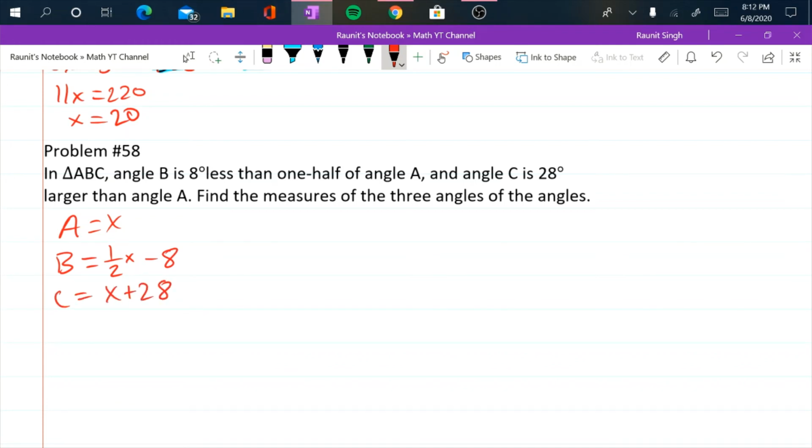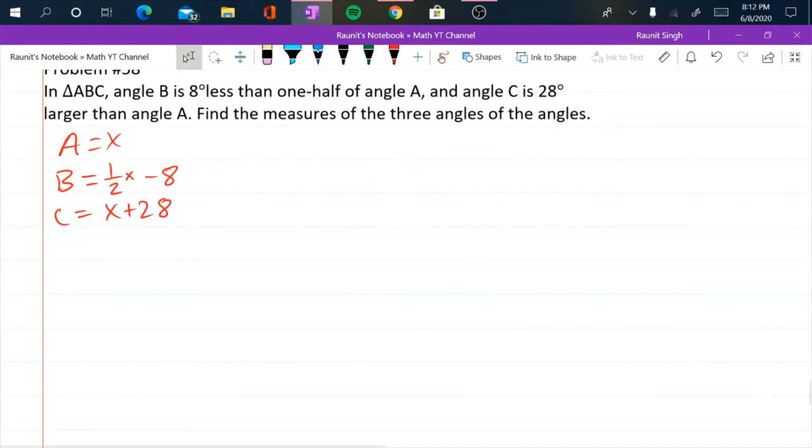And hopefully most people know here that a triangle has a total summation of angles equal to 180 degrees. So we know that A plus B plus C is equal to 180.